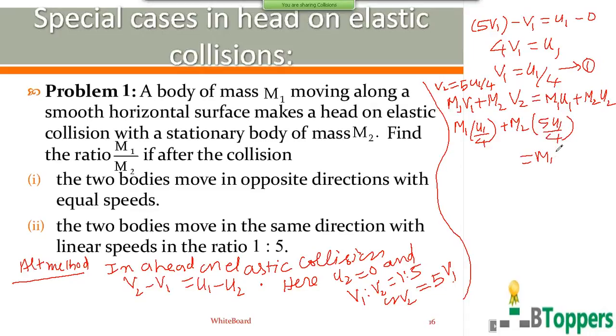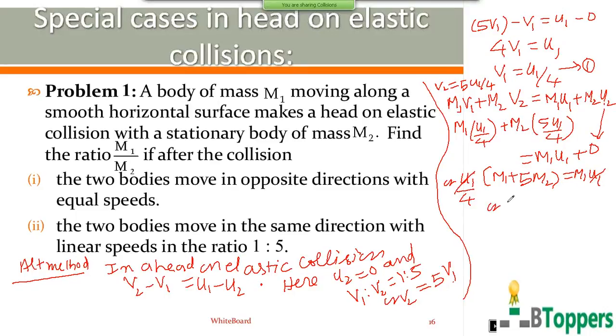On the right side here, you can substitute U2 equal to 0. So you get U1 by 4 times M1 plus 5M2 equal to M1 U1. So U1 is a common factor, can be cancelled.